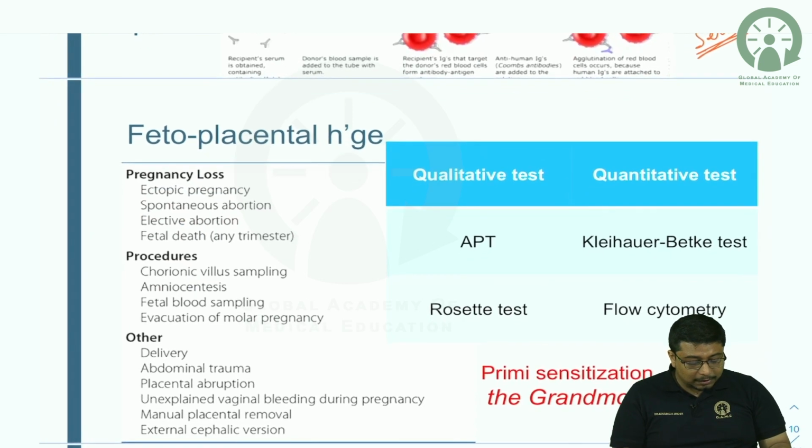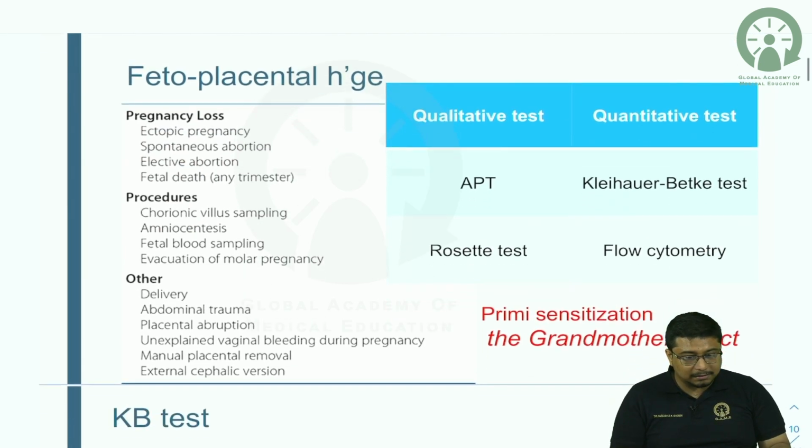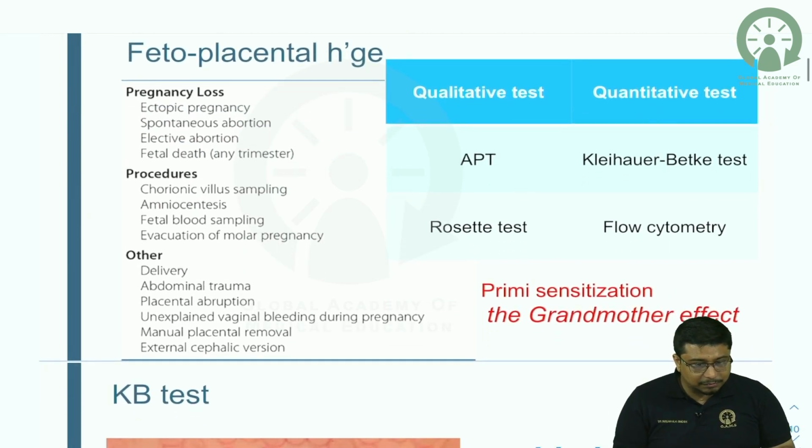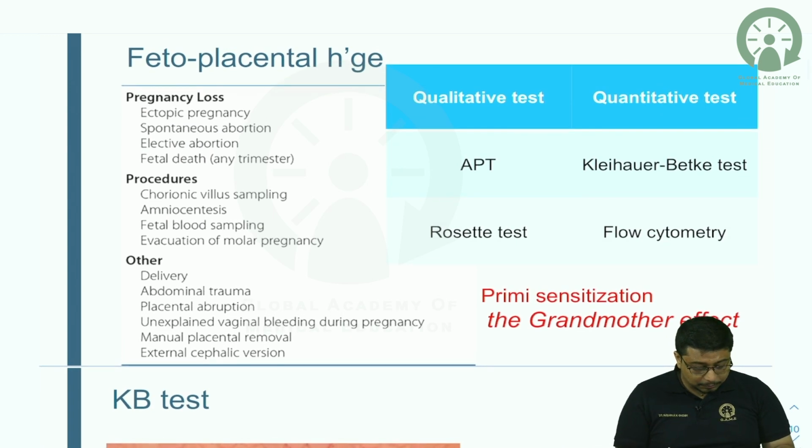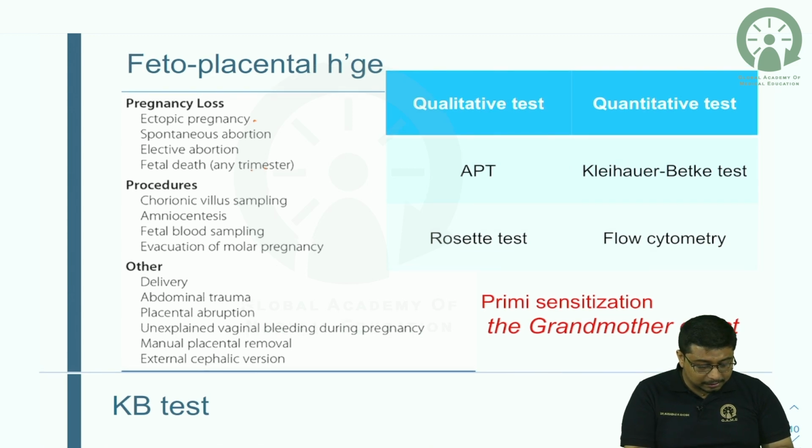Okay, so how does the mother get immunized against the fetus? There is something called fetoplacental hemorrhage that can happen in any of these situations. Take a screenshot and revise later. Ectopic pregnancy, spontaneous abortion, or procedures like chorionic villus sampling, amniocentesis, fetal blood sampling, or at delivery, or abdominal trauma, or placental abruption, or during the external cephalic version.